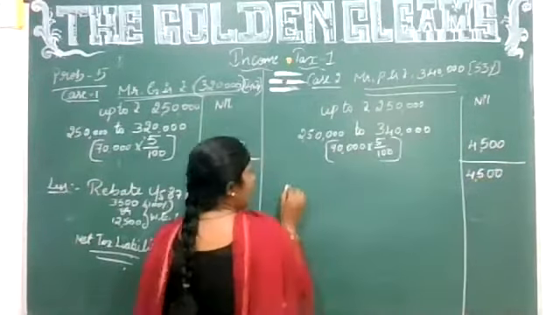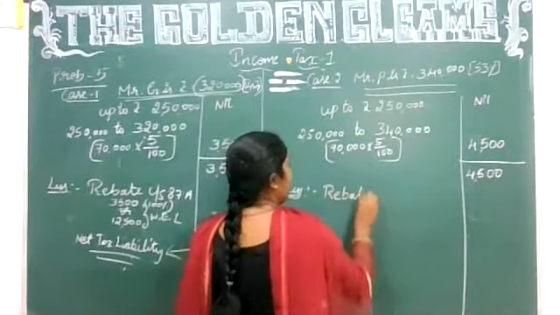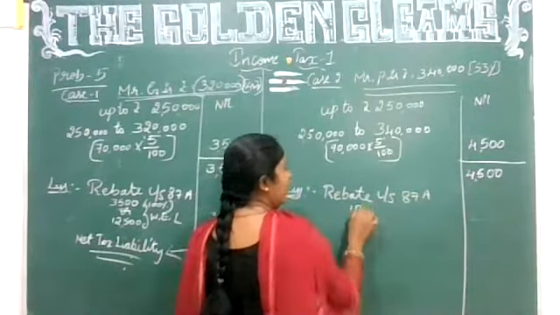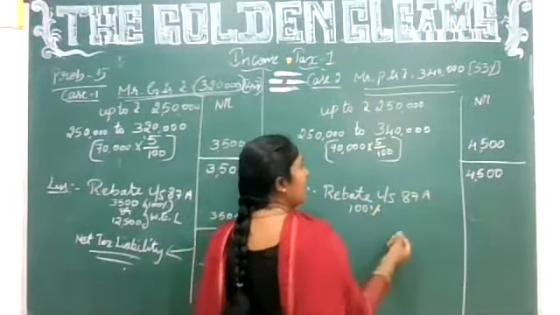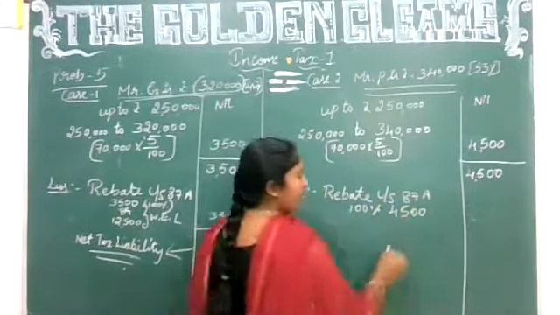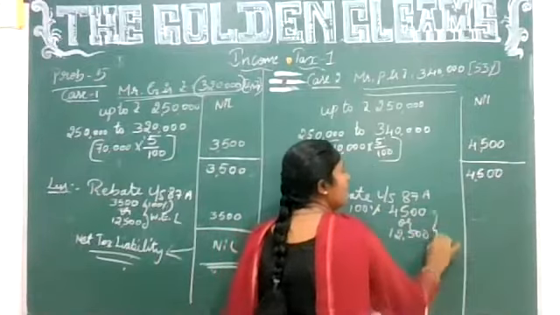The total is 4,500. Here also we are going to calculate the rebate under section 87A. That is 100% of total income, 4,500, or 12,500, whichever is less.